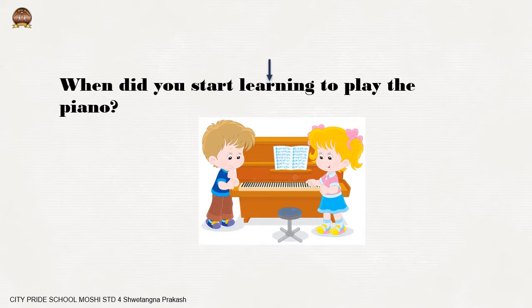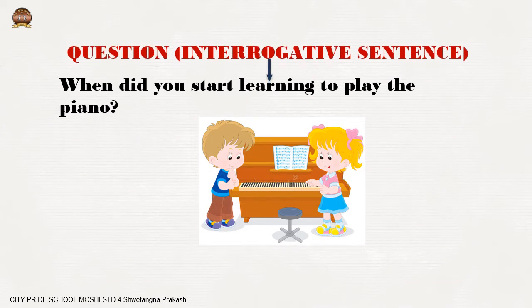Now this is a question. Questions are also known as interrogative sentences, because the word interrogate is all about asking questions. Now, when did you start learning to play the piano?